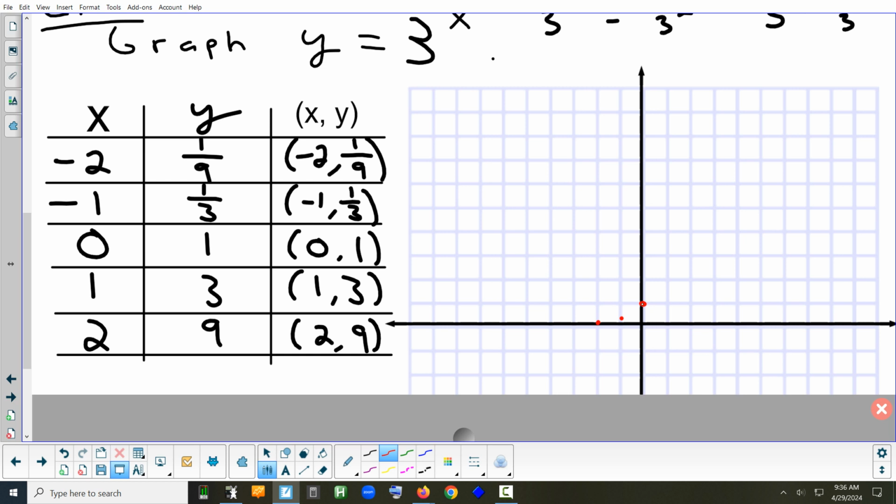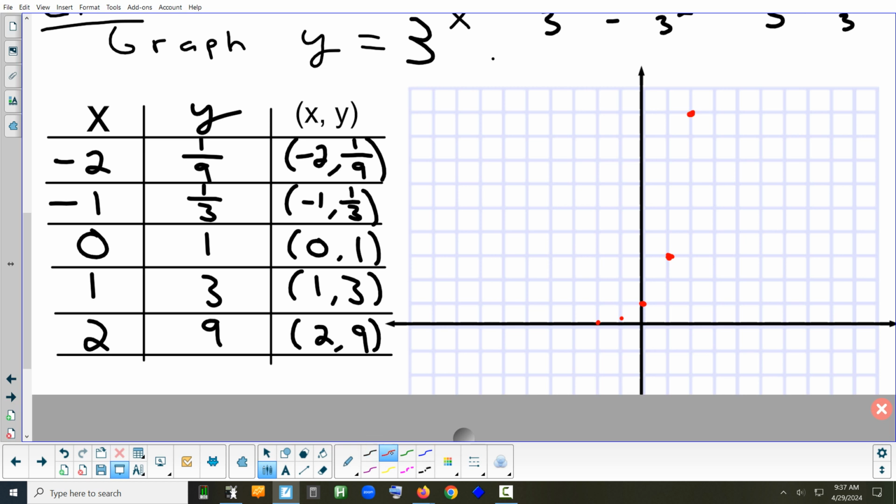Okay, so now you're starting to see that curve a little bit. Okay, next coordinate. 1, 3, and my last coordinate. 2, 9. So you can see what happened. If you went any bigger than 2, you'd be off the page.